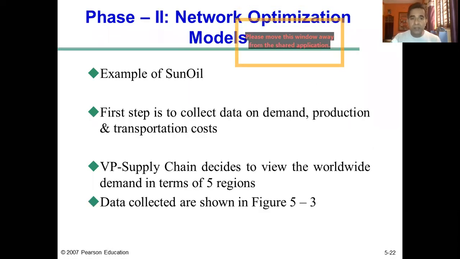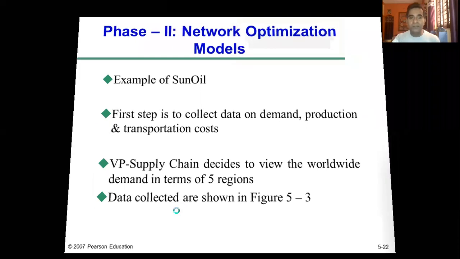In the previous class, we started the illustration of Sun Oil. So far what we have learned is that information on demand data, production and transportation costs are collected, and the vice president of supply chain decides to view the worldwide demand in terms of 5 regions. The data collected are shown in figure 5.3.